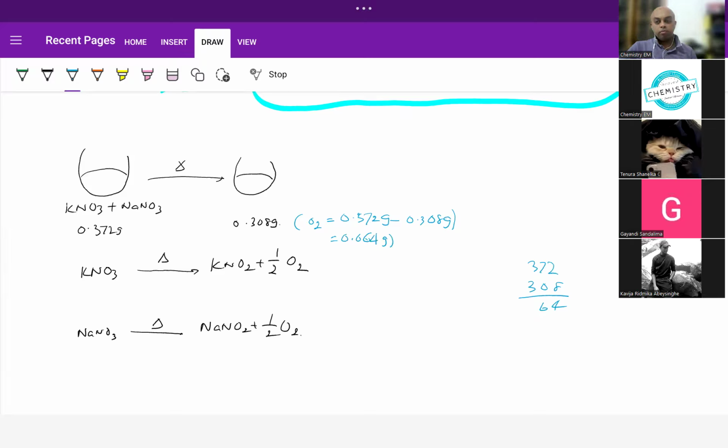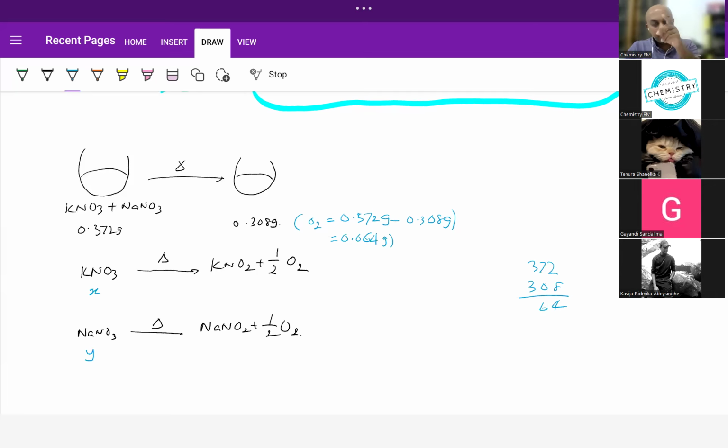And also let me assume the moles of KNO3 to be X, because I need to find the mole fraction. This is to be Y for NaNO3.